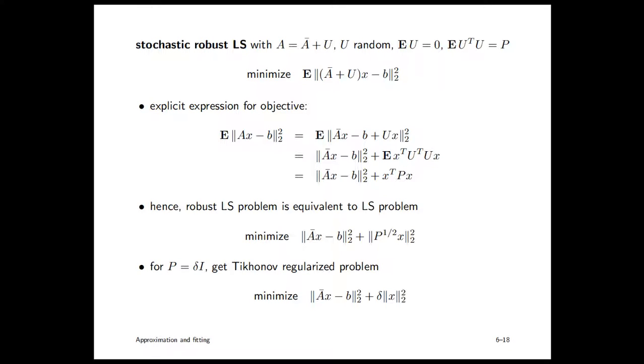Actually, this makes sense. When the matrix A is subject to variations, the vector A multiplied by x will have more variation with larger x.